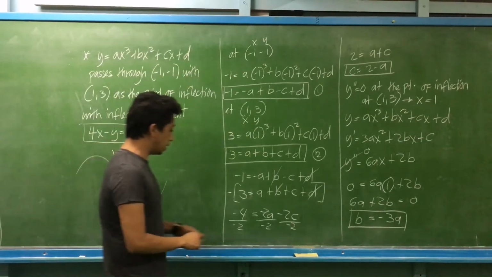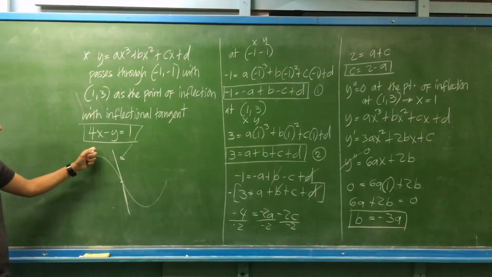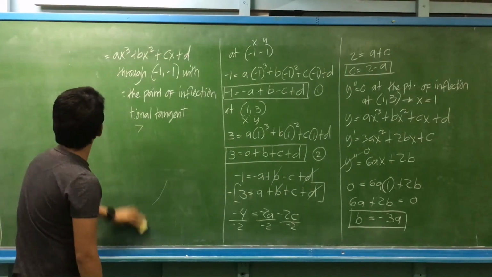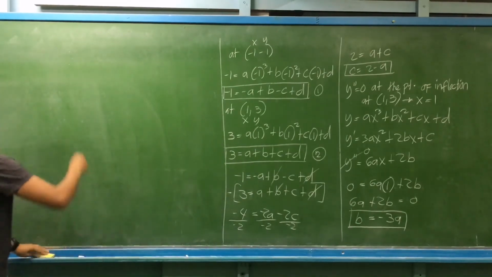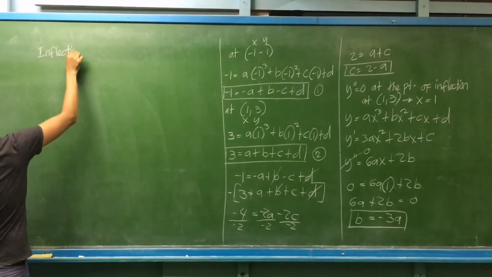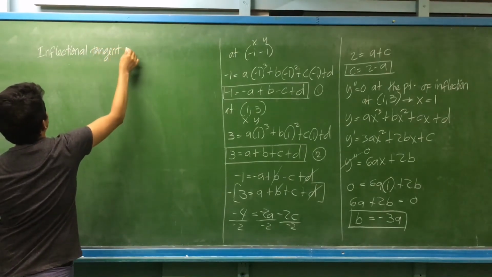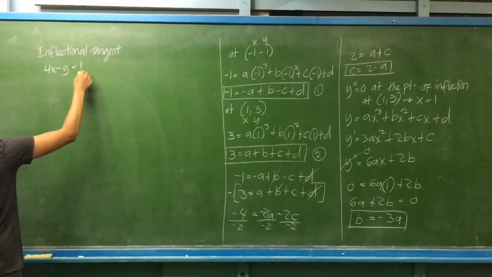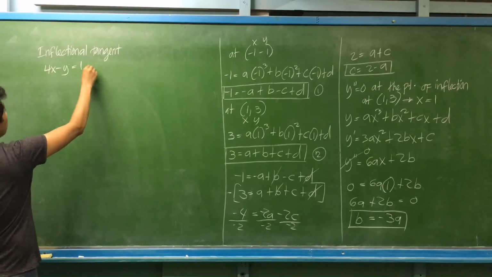Okay, and the last given na hindi pa natin nagagamit is yung inflectional tangent. So, inflectional tangent is equal to 4x minus y is equal to 1.